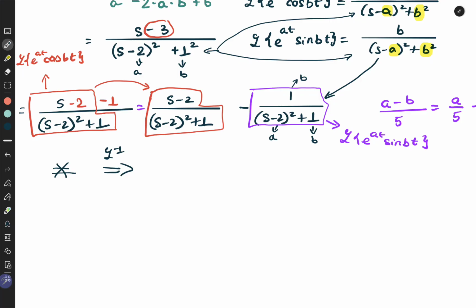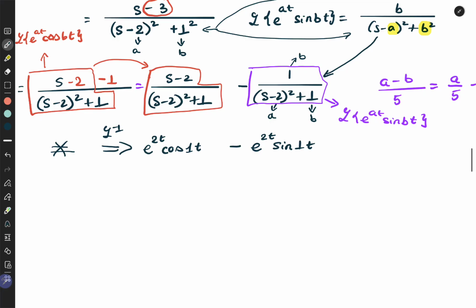So the inverse Laplace will give me e to the 2t cosine of 1t minus e to the 2t sine of 1t, which is your solution. Let's factor and clean that up.